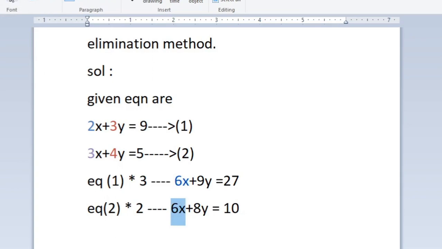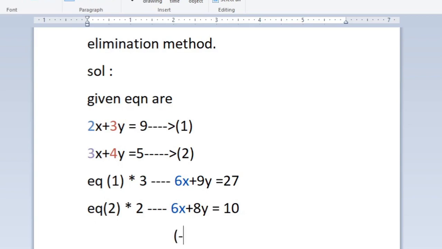If both signs are same, you will go through subtraction. If both signs are different, you will go through addition. Here both signs are plus plus, therefore we go through subtraction to eliminate these x terms.